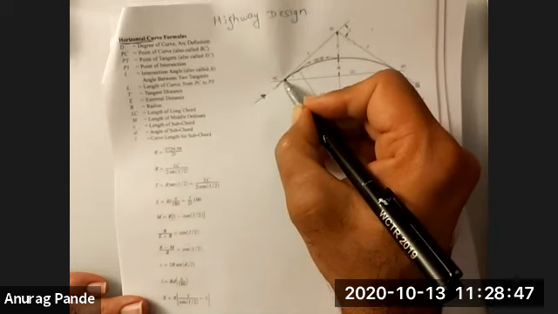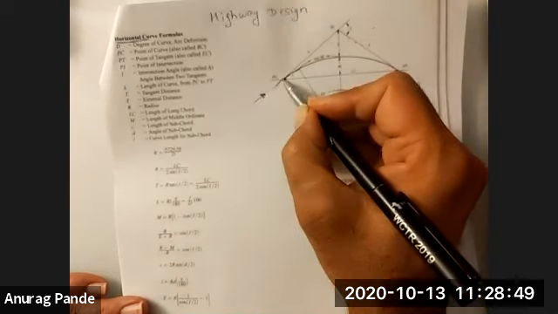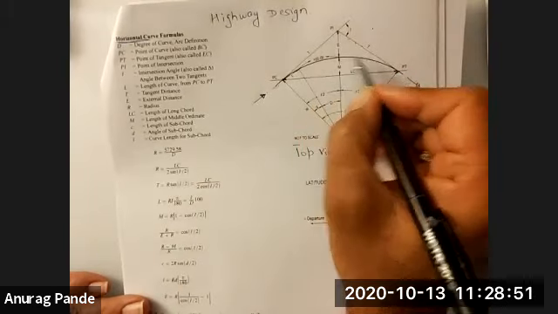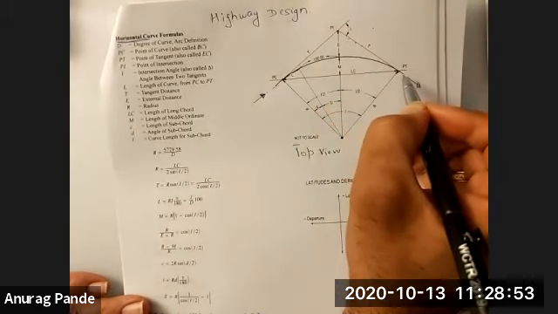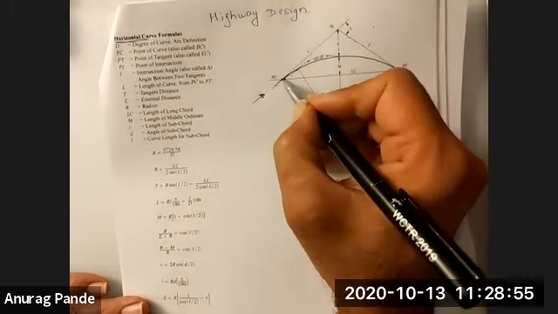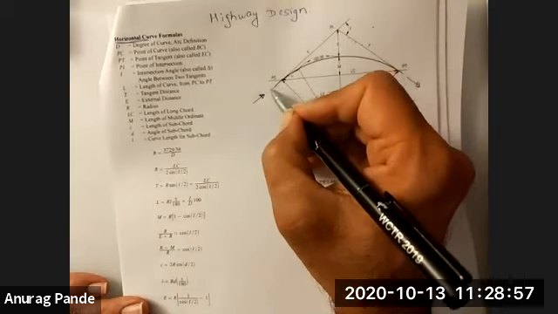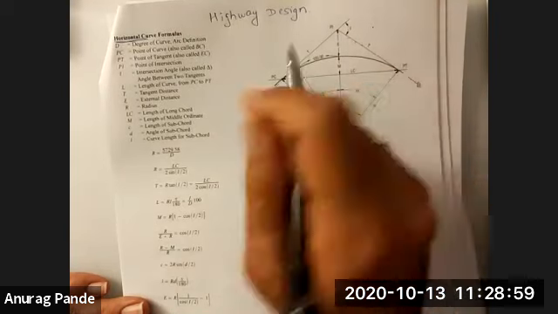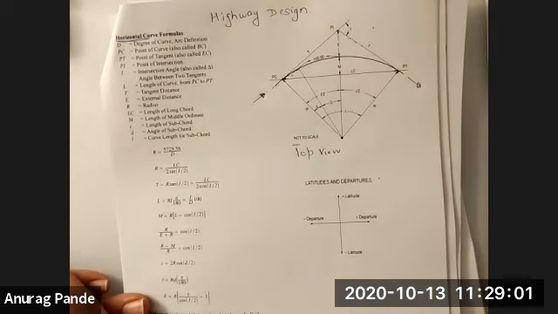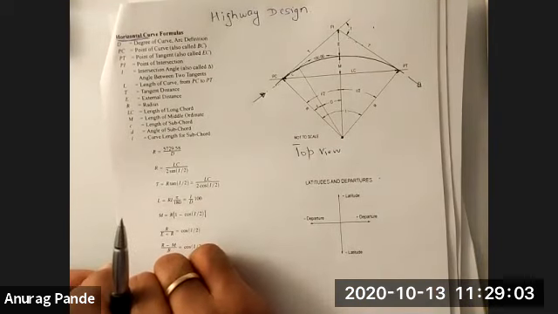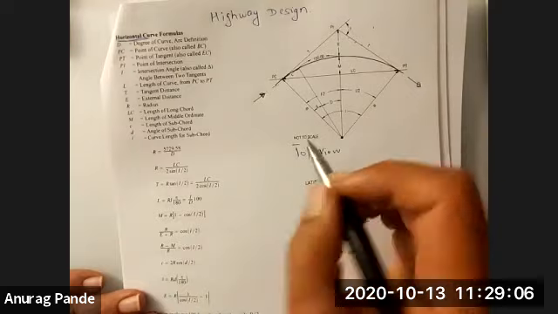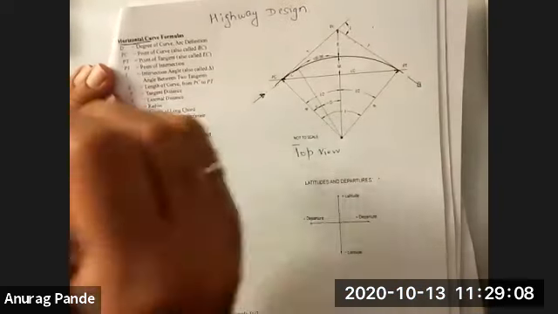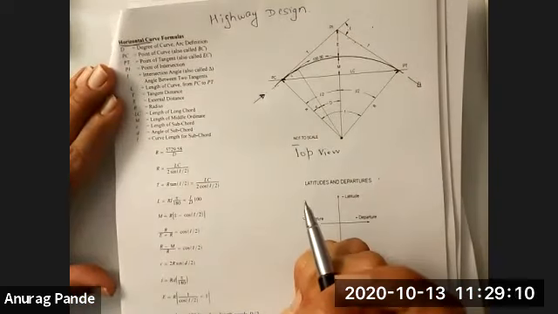At point PC, you are at a straight line, and then right from the get-go, you start with a circular curve. If the curve is too steep to go from straight to a very small radius, then you might have to talk about transition and so forth, which we're not going to go over here. So let's go over and talk about what all of these things are.